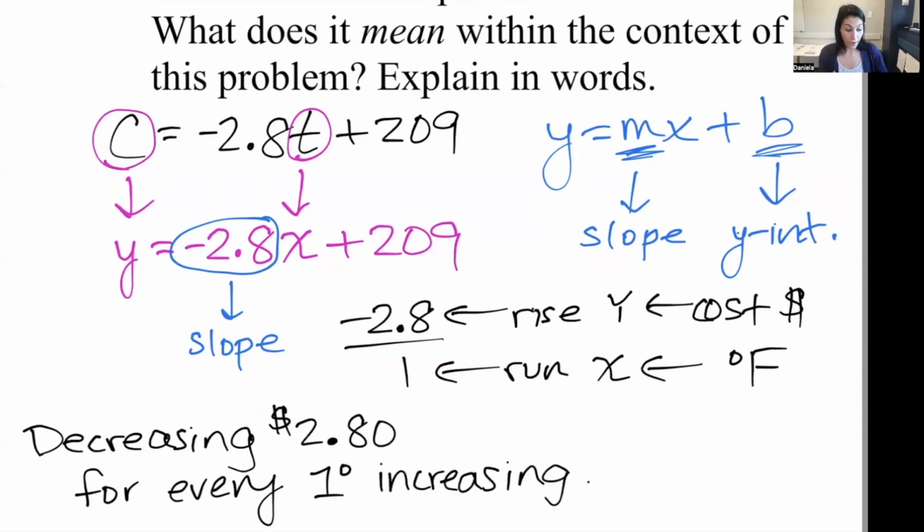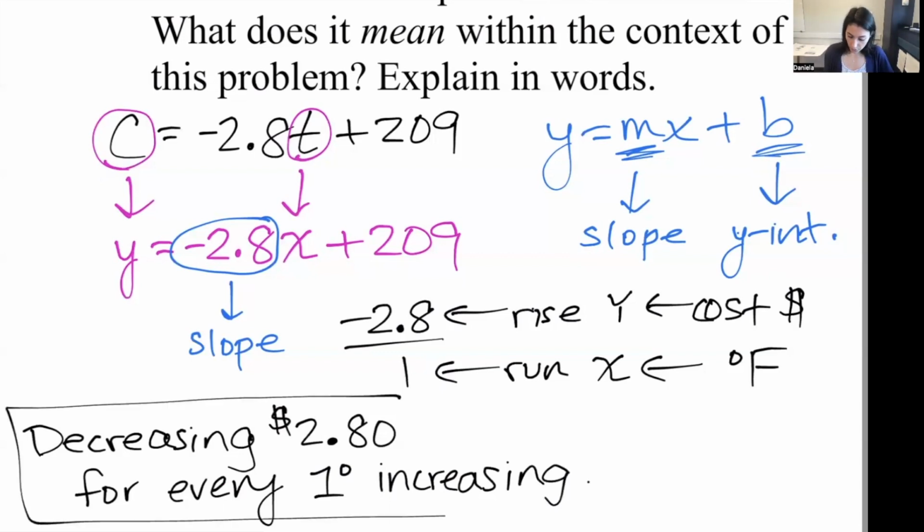Or you can say for every degree increasing, the cost decreases by $2.80. It doesn't really matter the way you word it, but as long as the person who's grading sees the word decreasing with $2.80 and it sees increasing with degrees, that would be enough to get full credit.